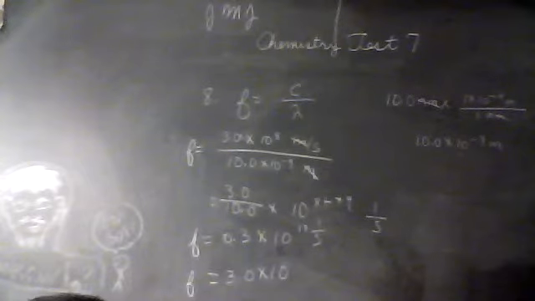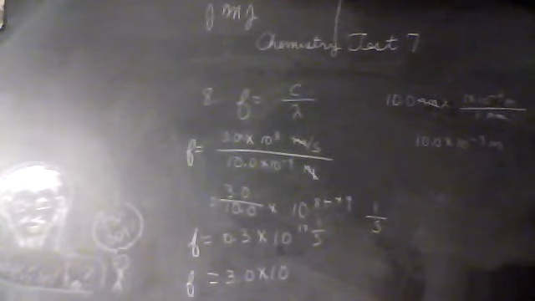Let's imagine I have 0.3 times 10 to the 17th. If I'm moving the decimal over, how do I deal with the exponent? 0.3 times what will give me 3?